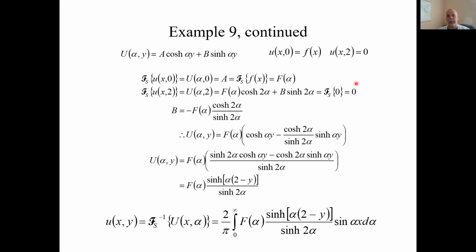The algebra gets a little tedious, and again, we can use the trig identity to simplify a bit. There it is. Invert the result, and there's your answer. So those last three examples were kind of more of the same. They were a little bit more algebra intensive, and you could simplify things by hyperbolic trig.